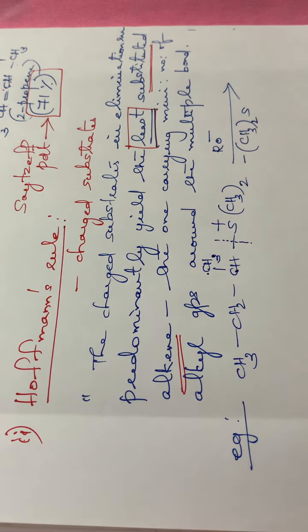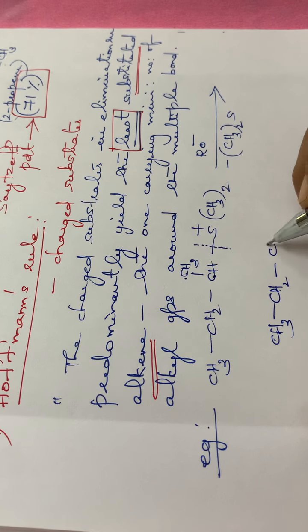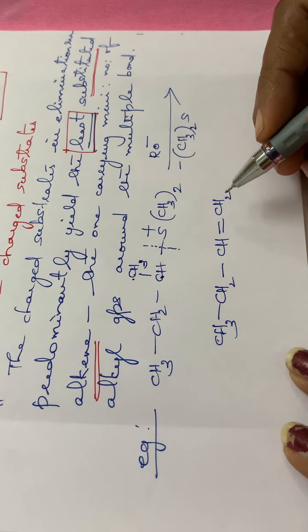There a bond is formed. That is one product. Okay, so the first product is CH3, CH2, single bond CH, here it becomes double bond CH2. I am writing it in a straight way. Okay, CH3, CH2, single bond CH, double bond CH2.